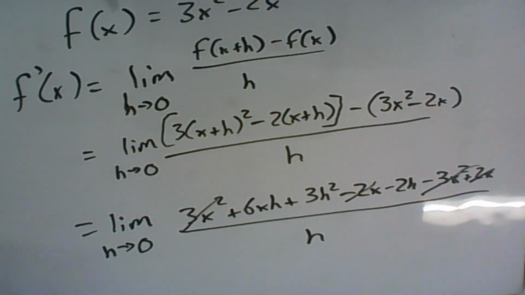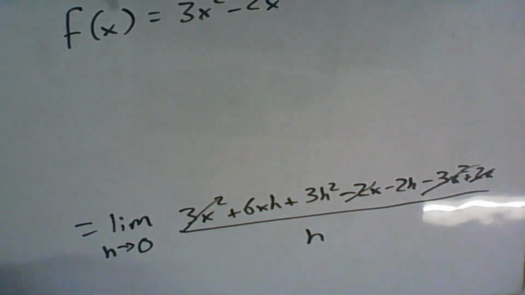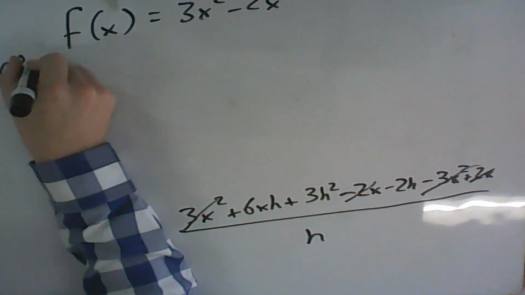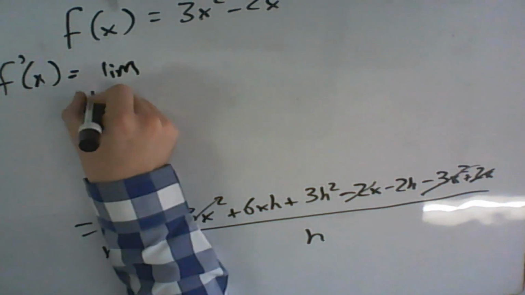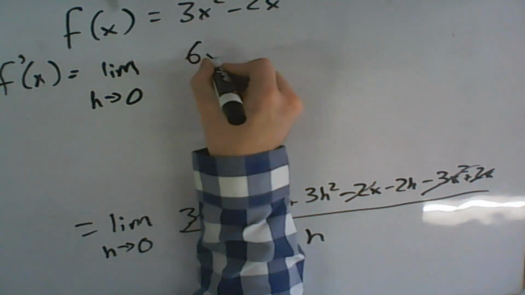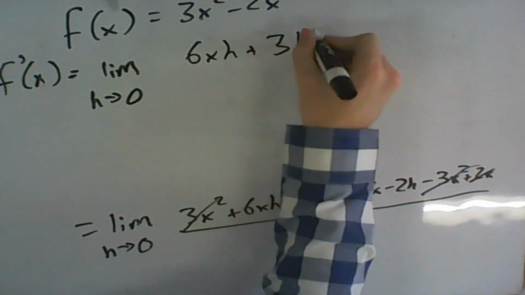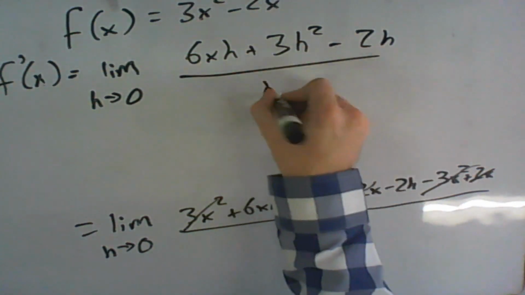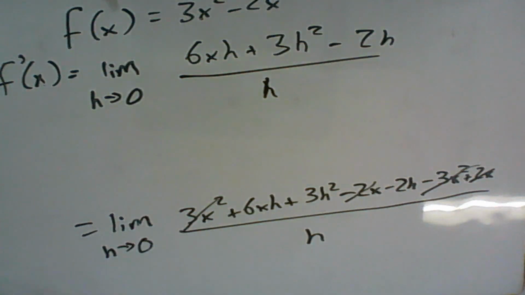So after plugging it in, we have this. We're still at f prime. f prime of x equals the limit; we haven't taken our limit of h yet. Of 6xh plus 3h squared minus 2h over h. You see that there's an h in the top in all of them?